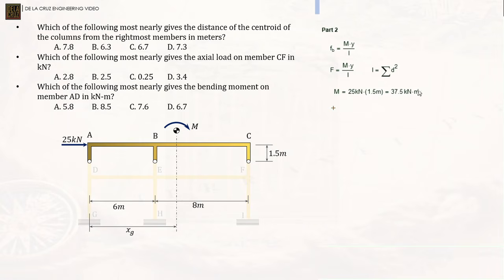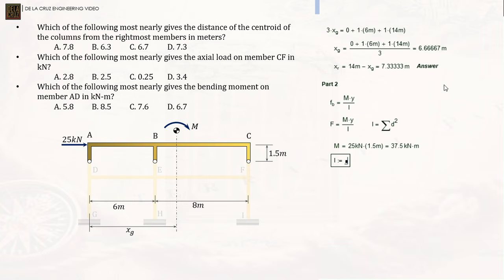As for I, again, I is the summation of D squared. I will go straight, first column AD. The distance of column AD to the neutral axis is XG. Is it correct? Okay? And take note that our XG is here.